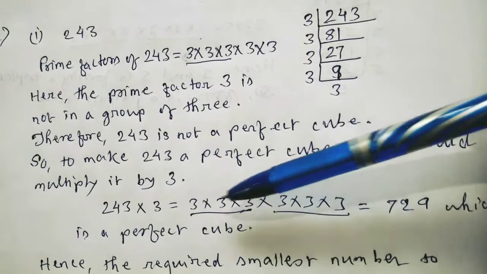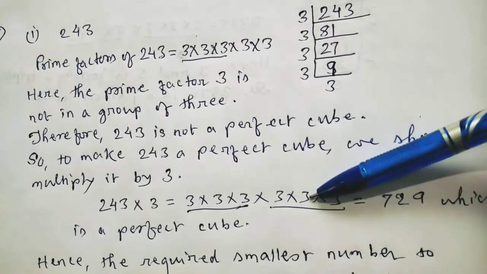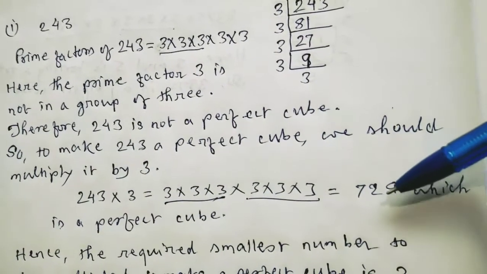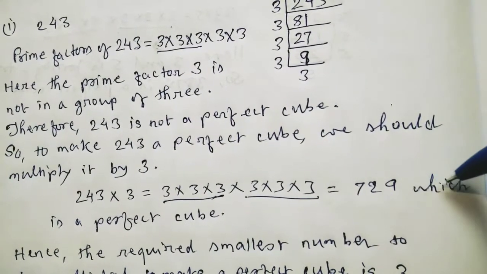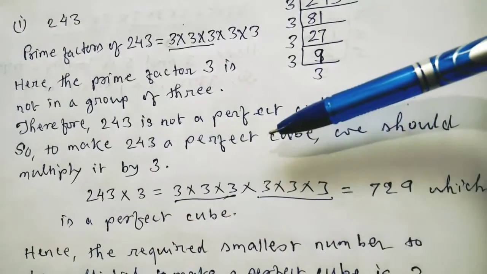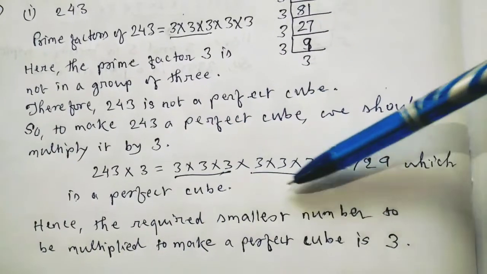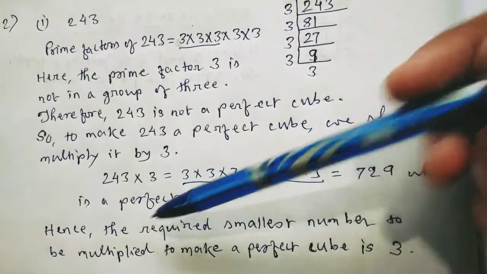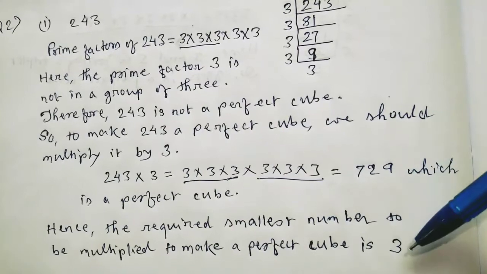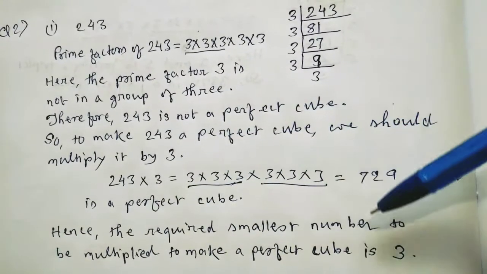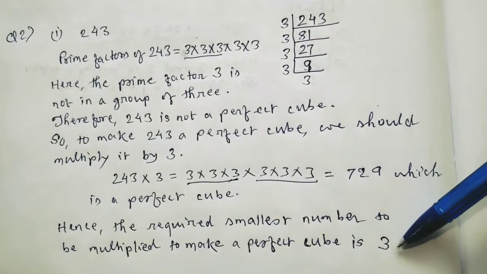Now it has groups of 3's. So 243 into 3 is 729, which is a perfect cube. So the required smallest number to be multiplied to make a perfect cube is 3.